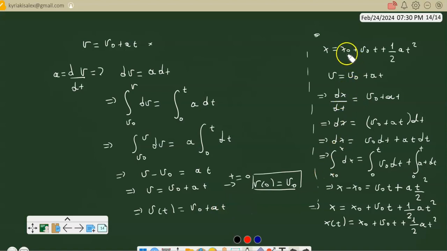For the last equation, what I have to do is take that v equals the sum of the initial velocity plus the product of the acceleration with the time. The velocity is the derivative of the position with respect to time. I solve with respect to the differential of x and integrate both sides.